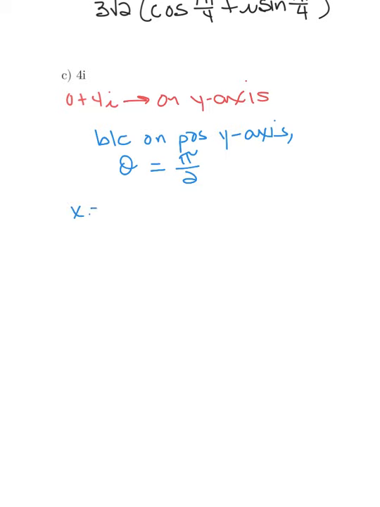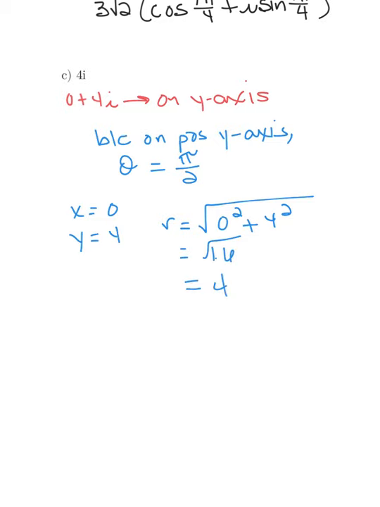Our x is 0, our y is 4, so r is the square root of 0 squared plus 4 squared, which is the square root of 16, which is 4. So the trig version of this number would be 4 times cosine of pi over 2 plus i times the sine of pi over 2.